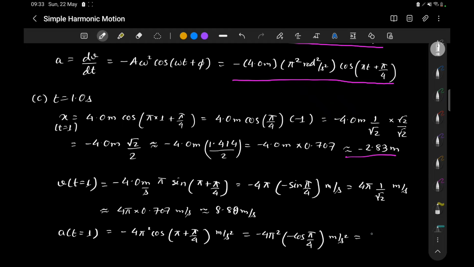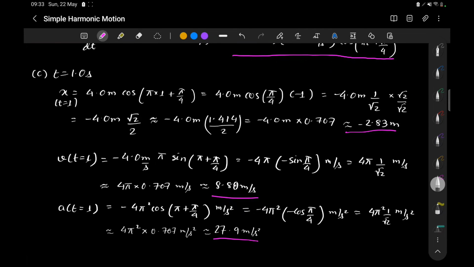This comes out to be roughly 27.9 meters per second squared. So we have found the velocity and the acceleration.